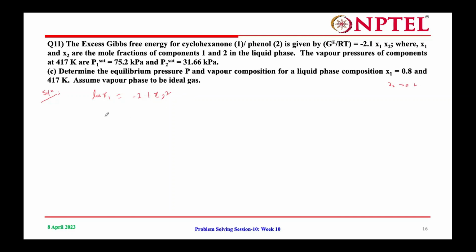So calculate gamma 1 and gamma 2: 0.914 and 0.261, right?